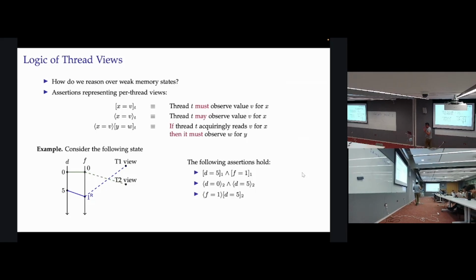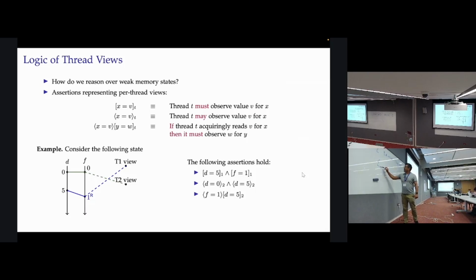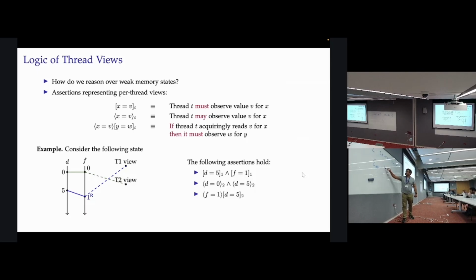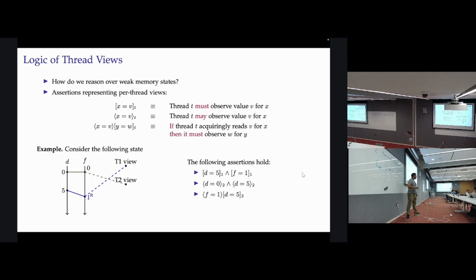But now we have something more complicated. We're going to get another notion of a state. Let's call this a sigma weak memory, or to be precise, the sigma C11 state. And what does it have in it? Well, it's got this thread view function, right?